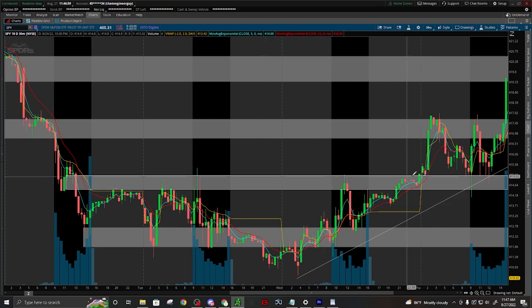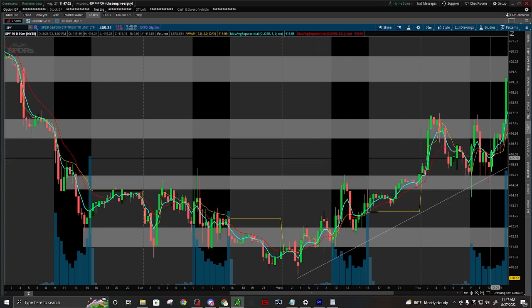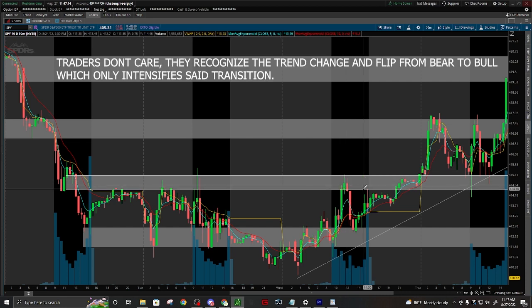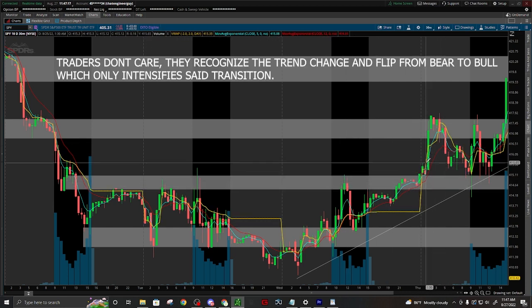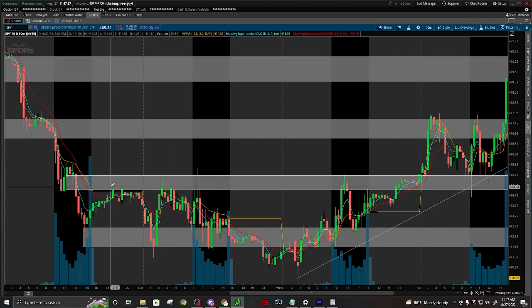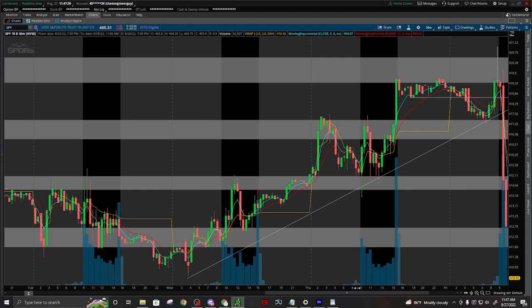People that were short in here are underwater over here now, and a lot of people over here in this range, maybe even over in here, that were short from here, they're getting stopped, liquidated, closing, scaling out of said positions, and this is at a mass level. This is retail, whales, you know, lots of money in these different areas.